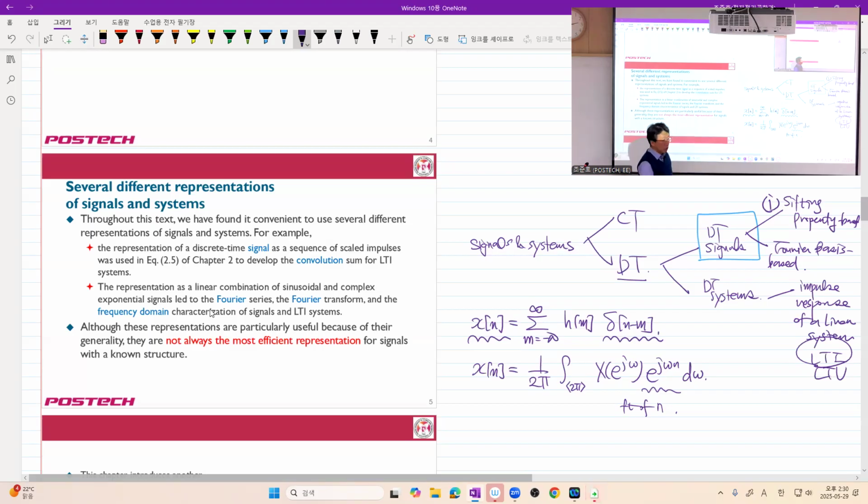So that motivated our new representation. And from this one, of course, it can be said to be the inverse discrete time Fourier transform. So we have the so-called frequency domain analysis, and even the design of LTI systems.